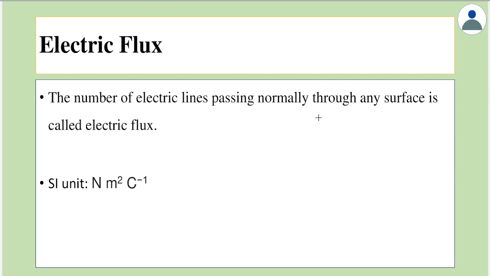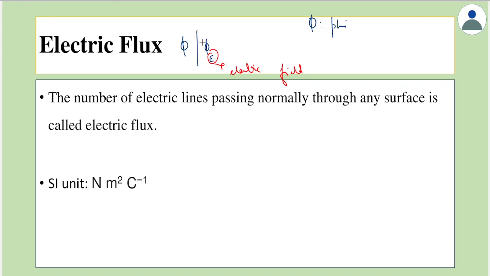The next topic is called electric flux. The symbol for this is phi, or some books write phi suffix e. Phi is a Greek alphabet. The suffix here stands for electric field, because we will learn in a later chapter about magnetic flux. So here this E stands for electric field.